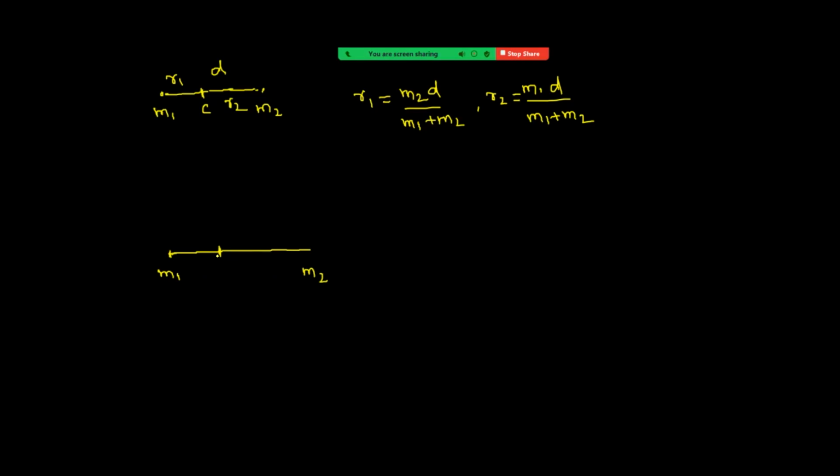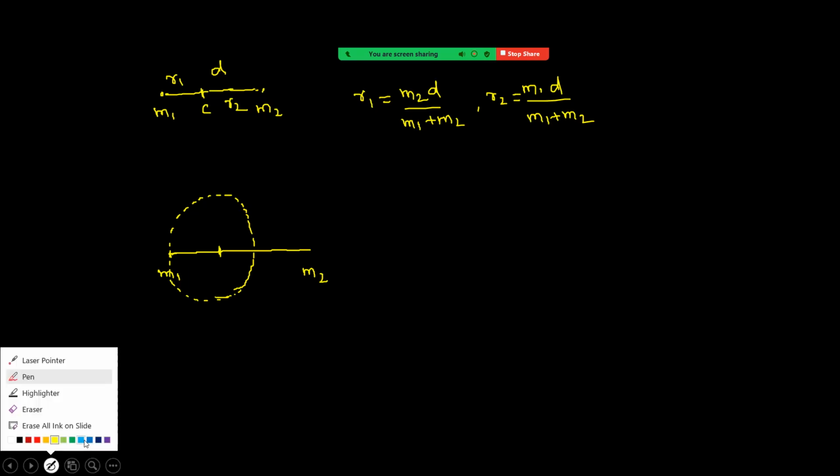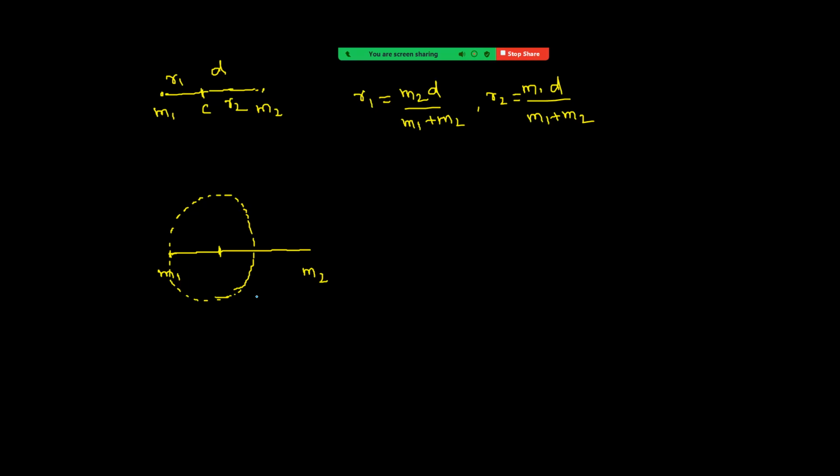That means m1 revolves around this center of mass, in circular motion, and m2 about the same center of mass.